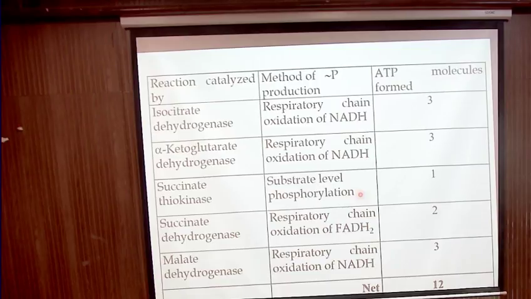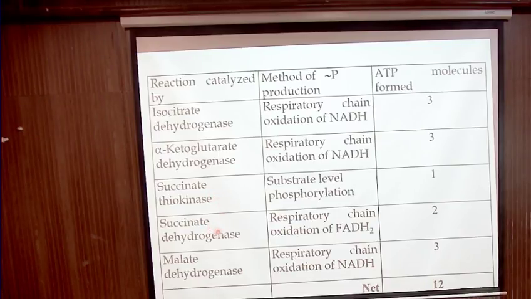As per the old calculation, we always believed that one cycle of TCA would eventually give you about 12 ATPs, and that was the earlier calculation. Isocitrate dehydrogenase, alpha-ketoglutarate dehydrogenase, one substrate level phosphorylation at succinate thiokinase or succinyl-CoA synthetase, whatever way we name it.